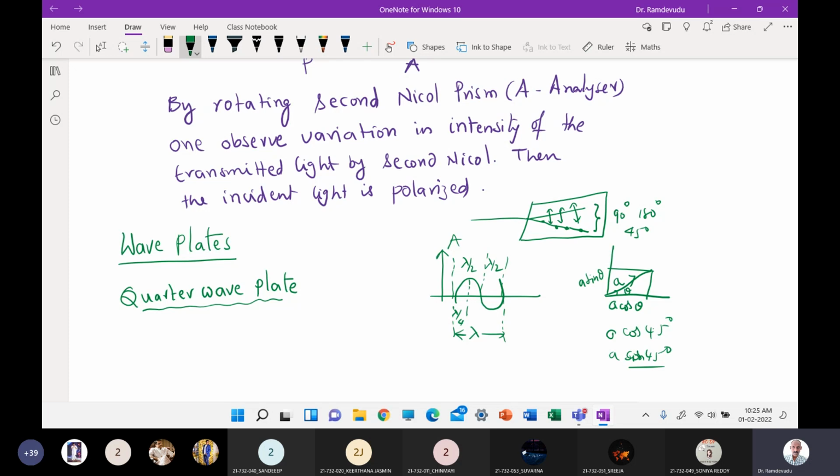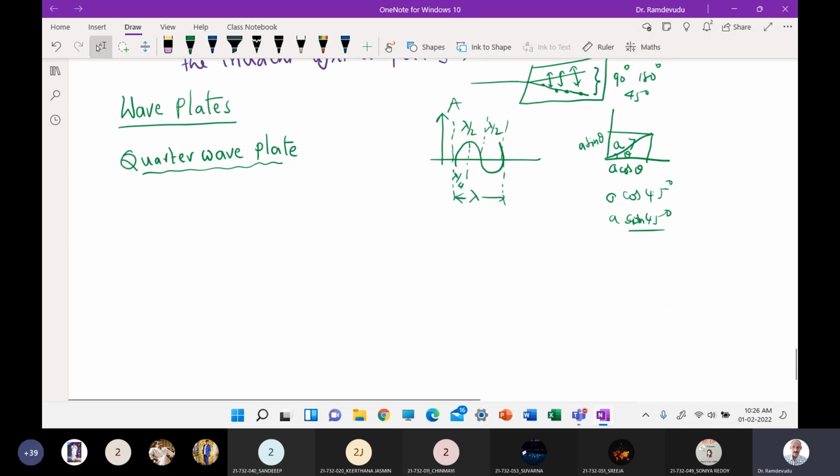We choose the thickness so that the E ray moves lambda by 4 ahead of the O ray. Then there is a path difference of lambda by 4. If you make the crystal cut thicker, the path difference becomes lambda by 2, and we call it a half wave plate. Now we will see the quarter wave plate.